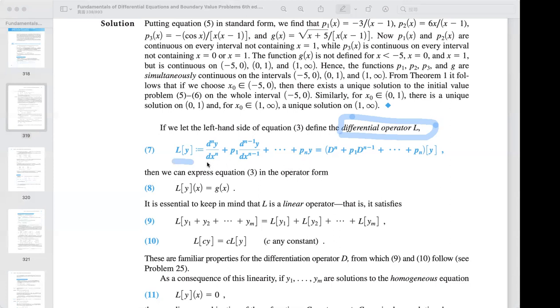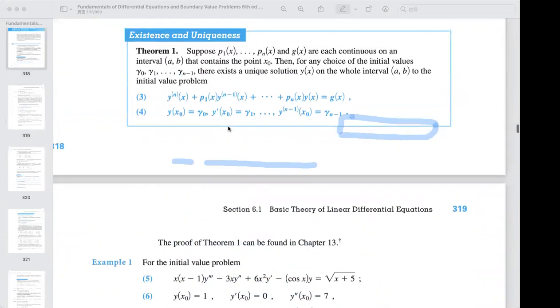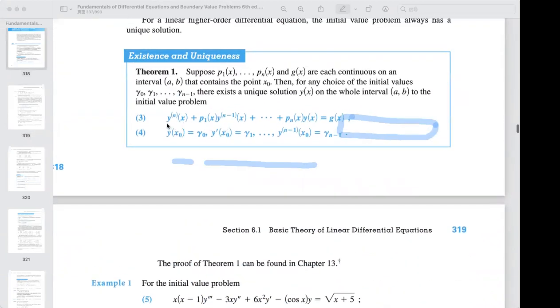This is exactly the left-hand side of our ODE here, right? Remember? So you can think of the differential operator working on y as forming the left-hand side.